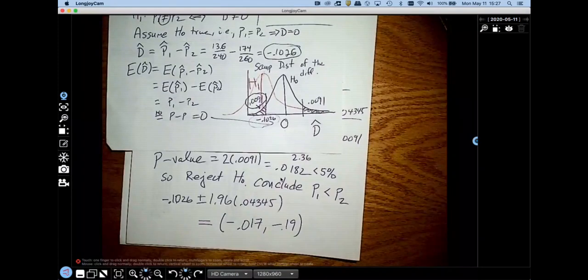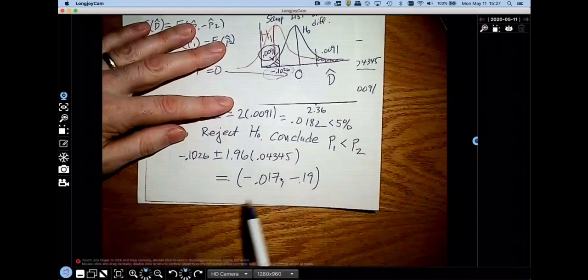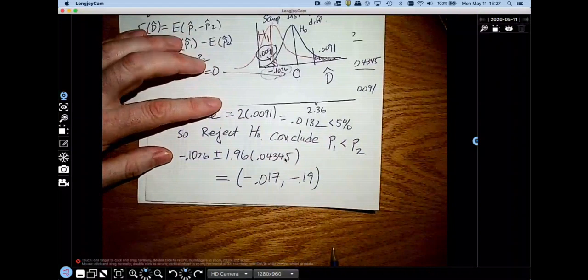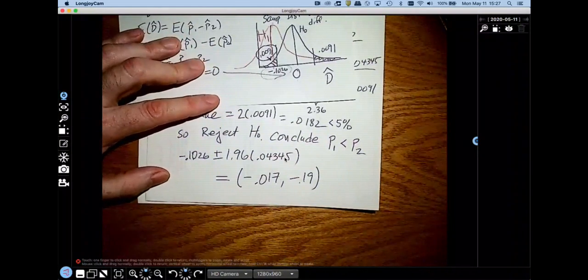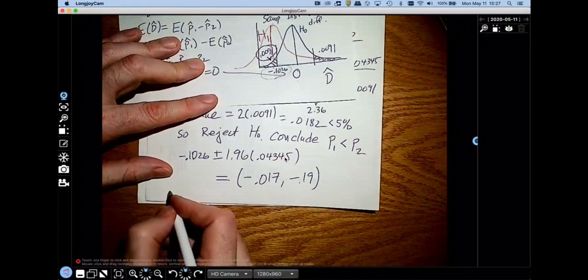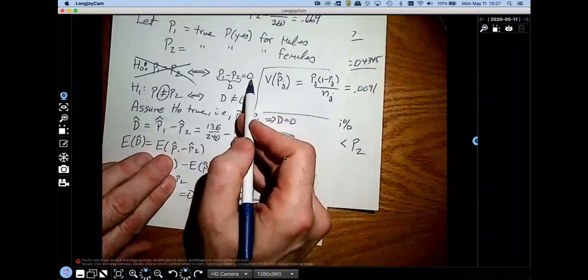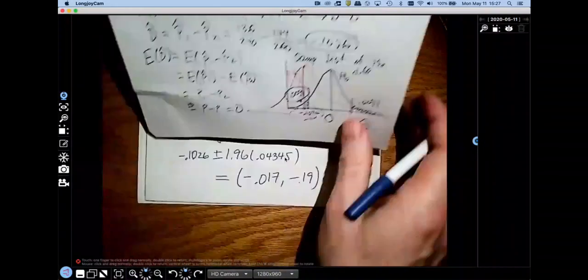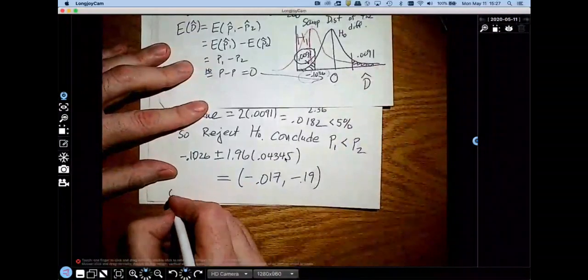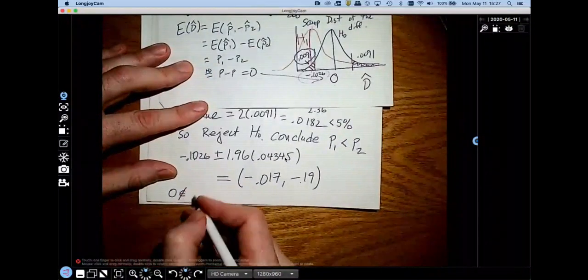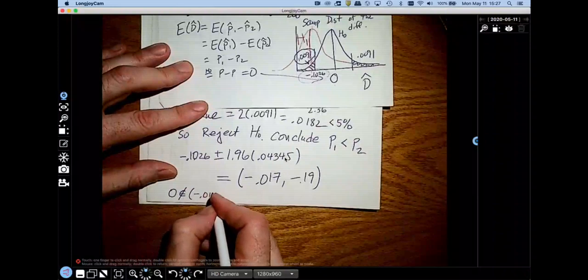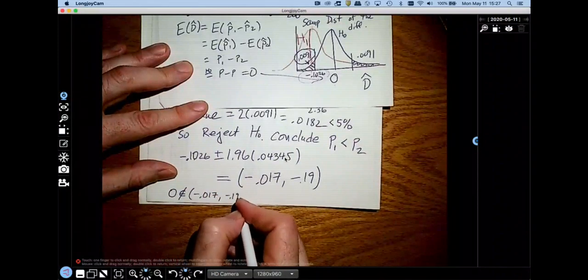So if we come back to the, I just wrote that out. And so the way I could use the confidence interval to test the hypothesis would be to take my reference value. The reference value for the difference is 0, and see if that's contained in the confidence interval. So 0 is not in minus 0.017 through minus 0.19.